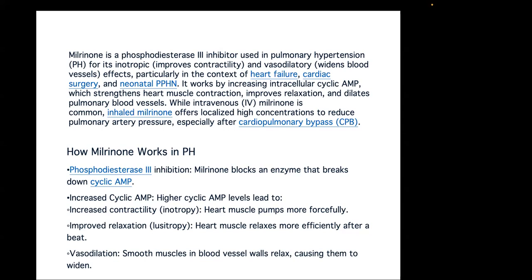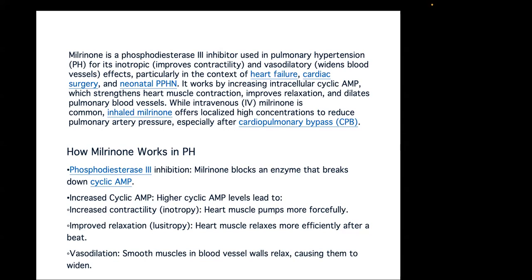It works by increasing intracellular cyclic AMP, which strengthens heart muscle contraction, improves relaxation, and dilates pulmonary blood vessels. While intravenous milrinone is common, inhaled milrinone offers a localized high concentration to reduce pulmonary artery pressure, especially after cardiopulmonary bypass.